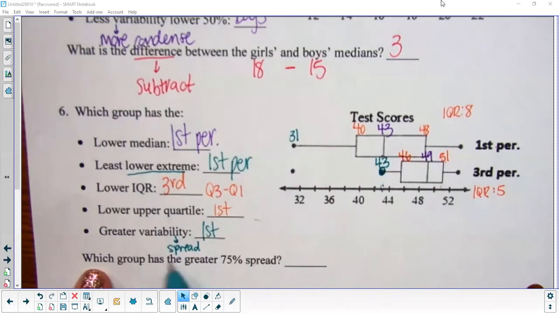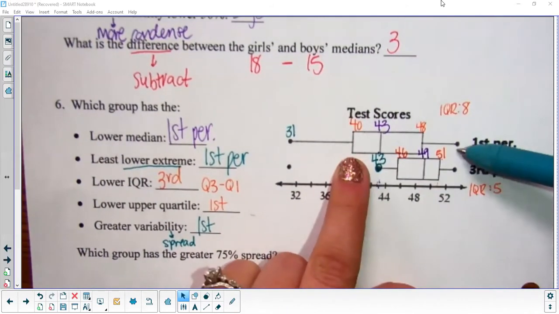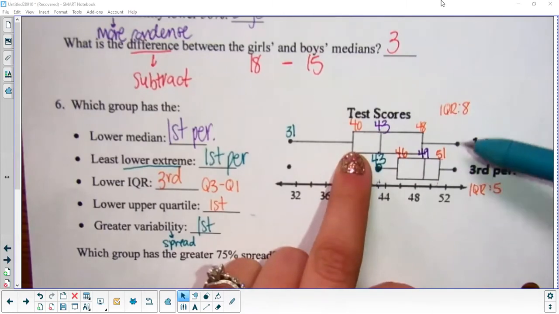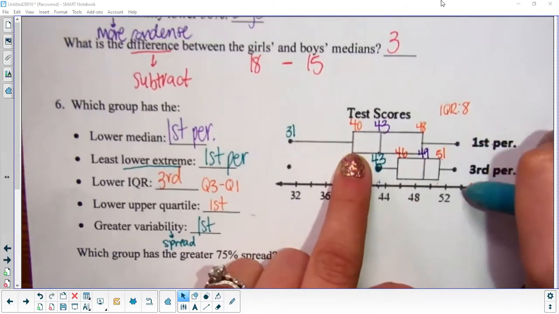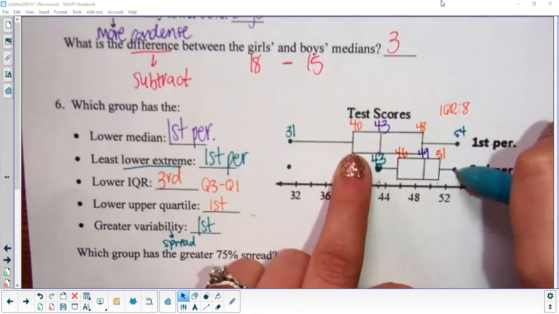Now, which group has the greater 75% spread? Meaning going from here, 75%, all the way to here. So going from 40 all the way to about 54. This one's right about 53.